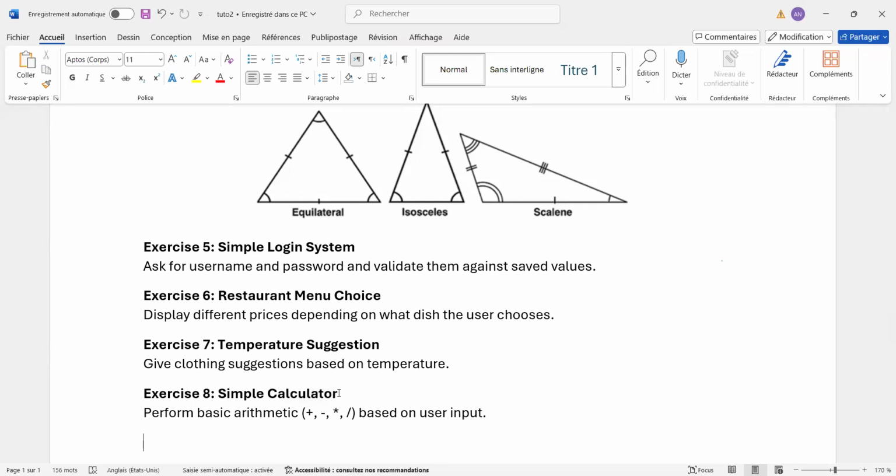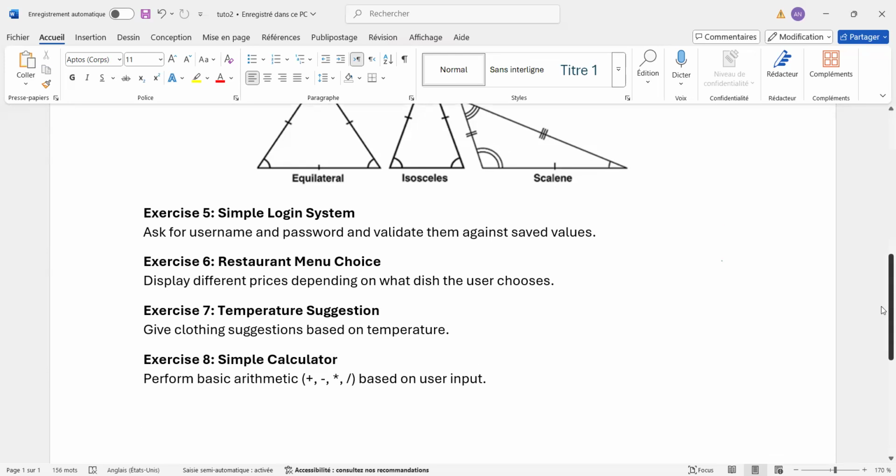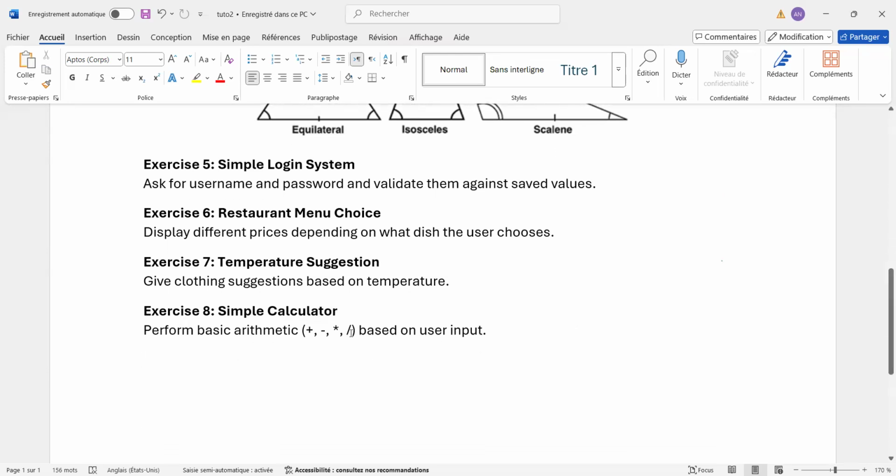Okay, so we are going to build a calculator example using only these 4 basic arithmetic symbols, based on user input.